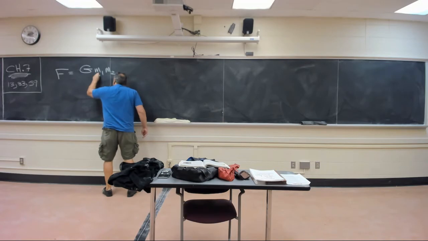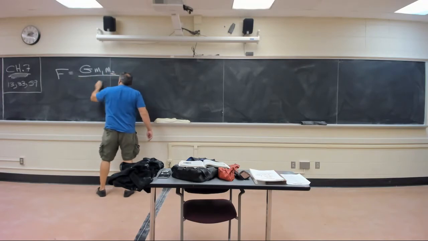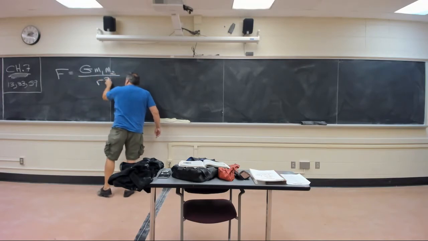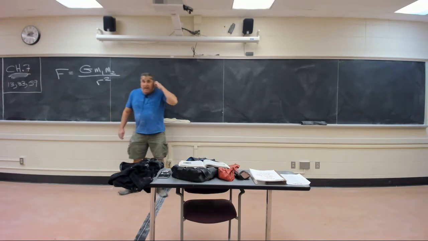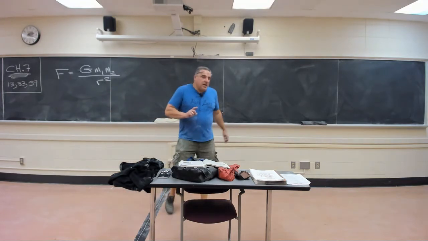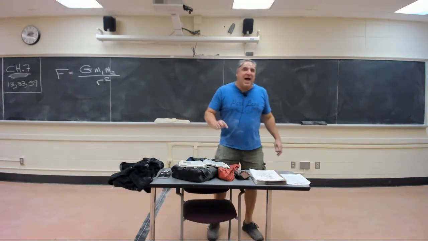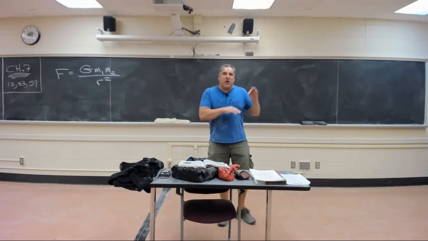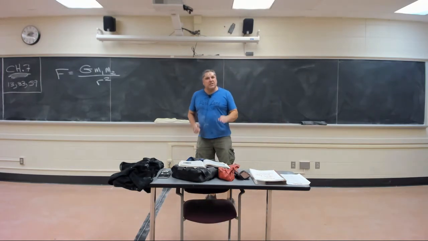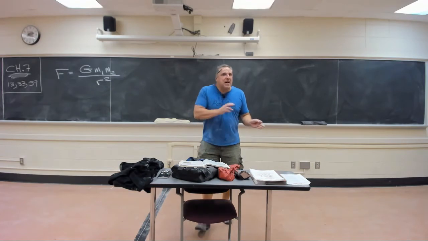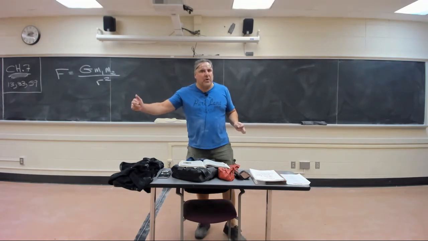So this is the mass of object 1, this is the mass of object 2, this is a constant, and R is the distance between the two objects. R is the distance between the centers of mass of each, from the center of mass of one object to the center of mass of the other object.